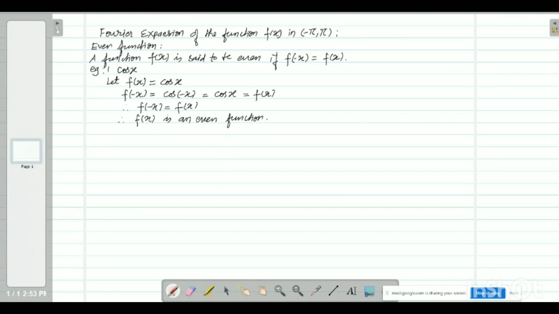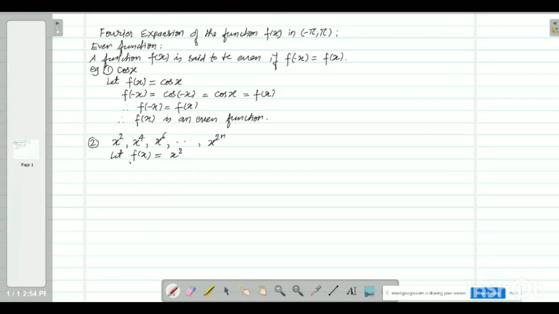If you take more examples of this, number 1 and number 2. Second example is x square, or x raised to 4, x raised to 6, and so on, x raised to 2n. These are even functions. We check the first one, whether it is an even function or not. Let f of x equal x square.